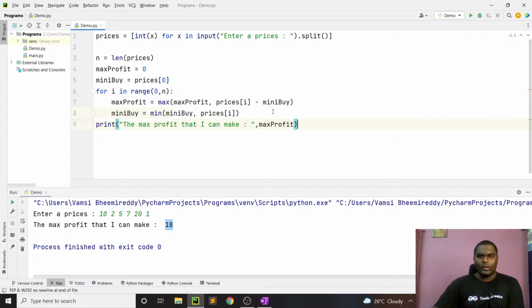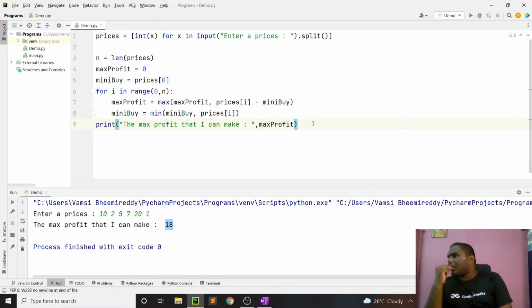So how can you solve that particular problem? If you divide 30 by 2, what will be the remainder? It will be 0, right?